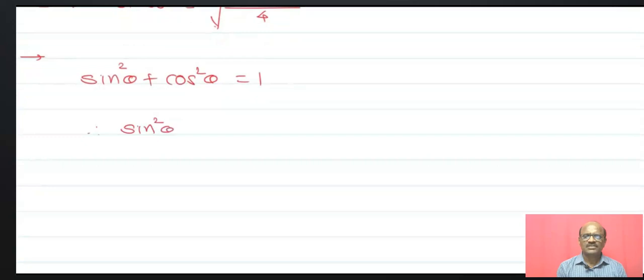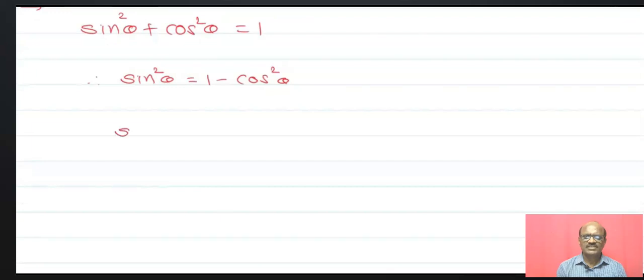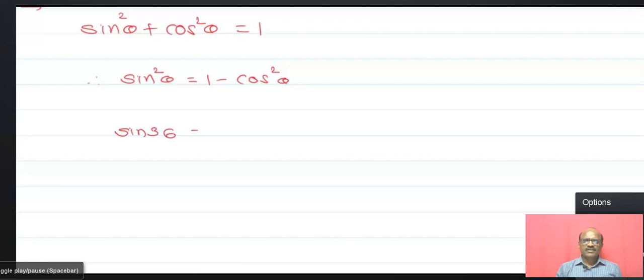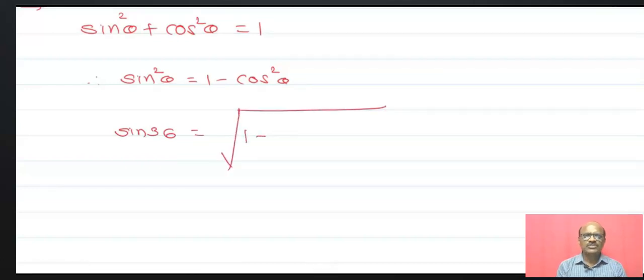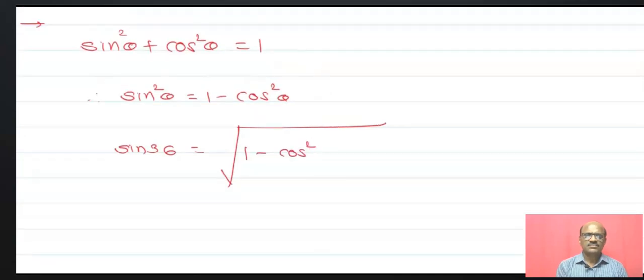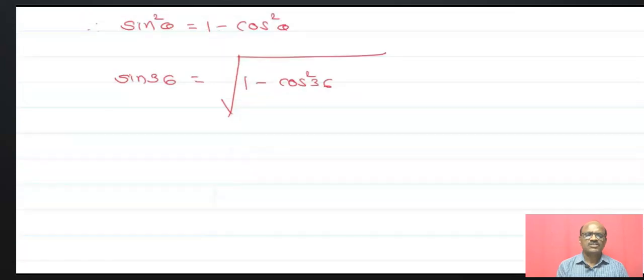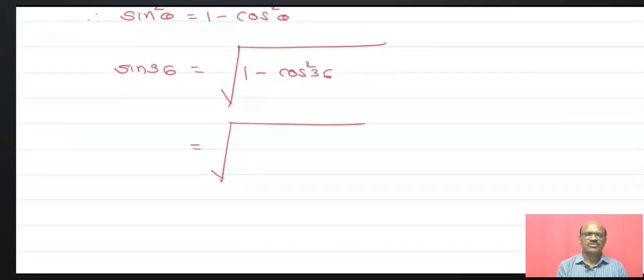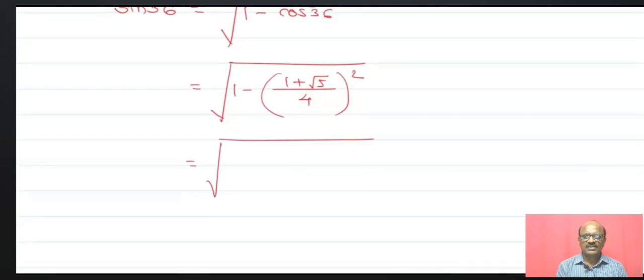Now we have found the value of cos of 36, so sine of 36 is equal to the root of 1 minus cos square 36, which is 1 minus the value of cos of 36, (1 plus √5) upon 4, whole square, in root.